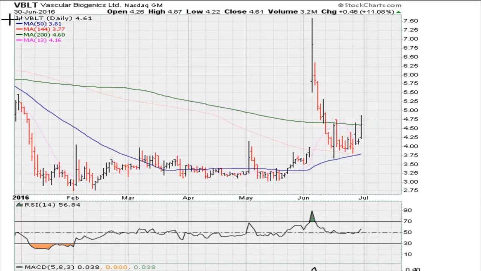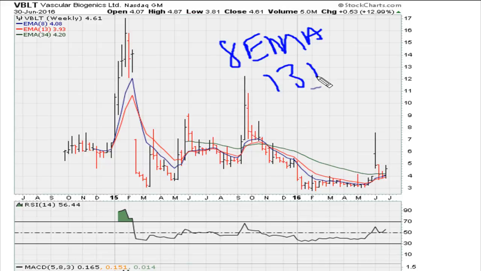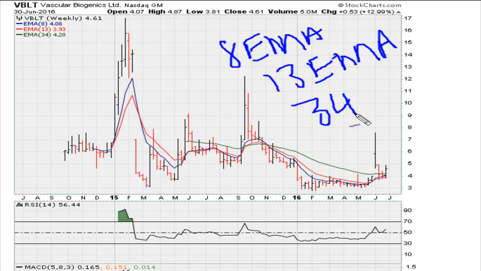Now, this example gives us a very nice opportunity to discuss something else. Here we have the weekly moving averages, and on my charts you've got the 8-week exponential moving average, I also have the 13-week EMA, and I have the 34-week EMA. Okay, now I want to show you something pretty cool.